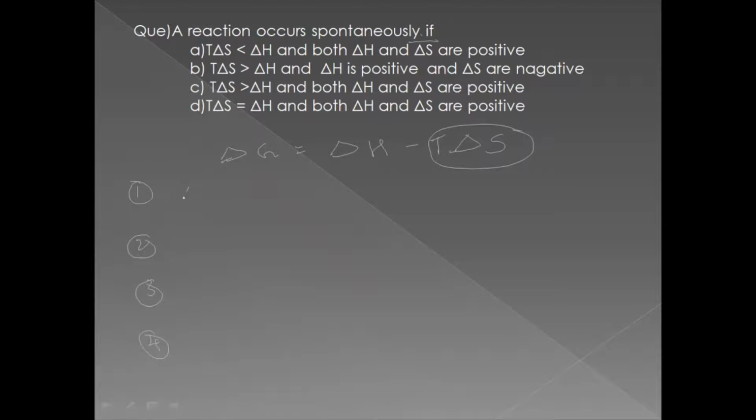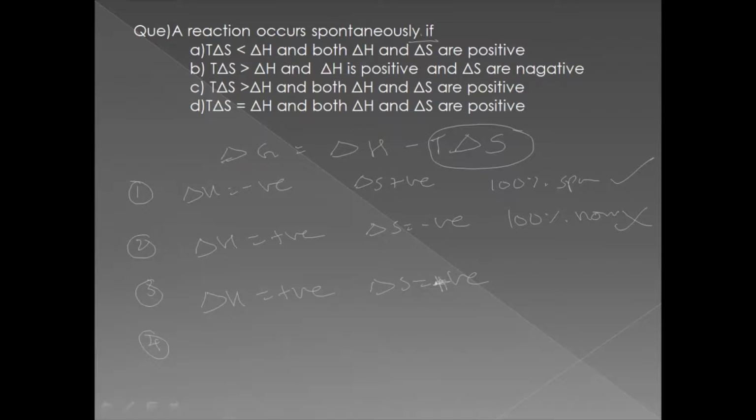First one, if delta H is negative and delta S is positive, 100% the reaction is spontaneous. You know that. Already we discussed that. When delta H is positive and delta S is negative, 100% the reaction is non-spontaneous. We know this. And coming to the third, both are positive.